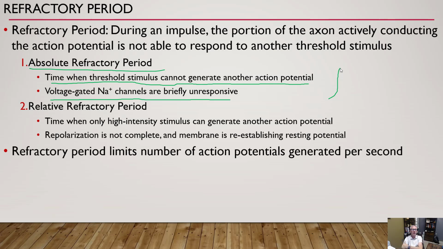We also have another type of refractory period called a relative refractory period. In this period you can generate another action potential, but it's going to take a lot of work. Typically it is seen in the hyperpolarization phase.